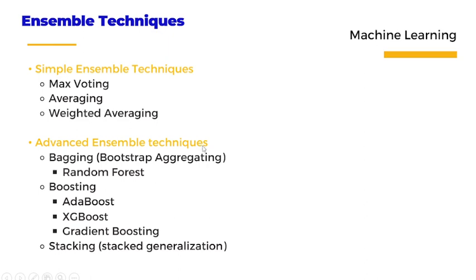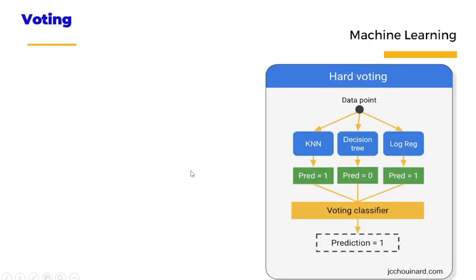In advanced ensemble techniques, we have bagging, which is also called bootstrap aggregation, and in bagging one of the techniques is random forest. Then boosting. In boosting there are AdaBoost, XGBoost and gradient boosting. And the third one is stacking, which is also called stack generalization. Now we will discuss each type one by one.